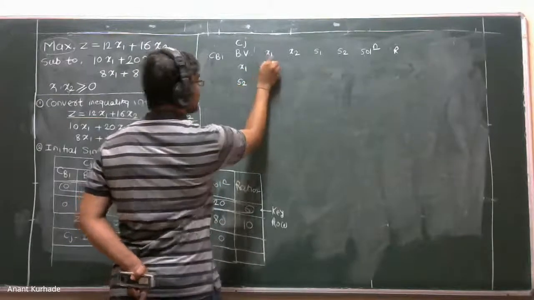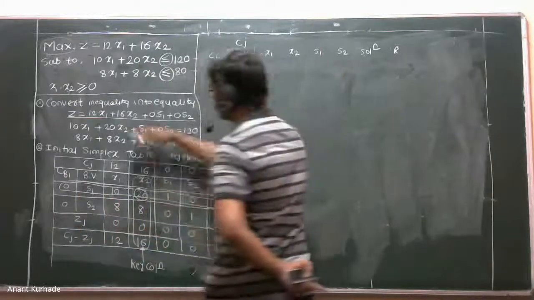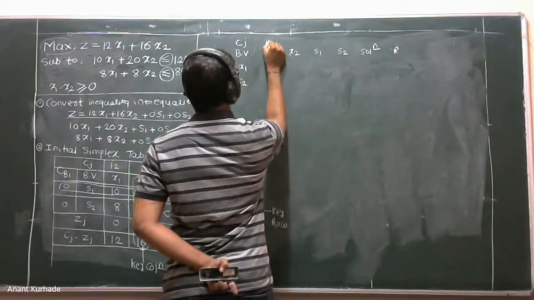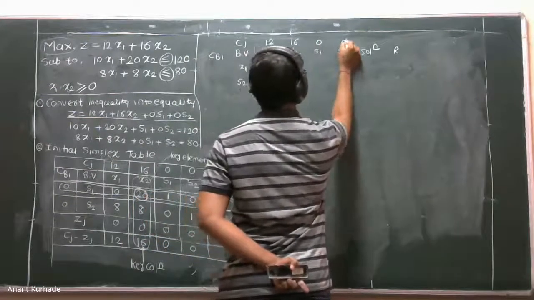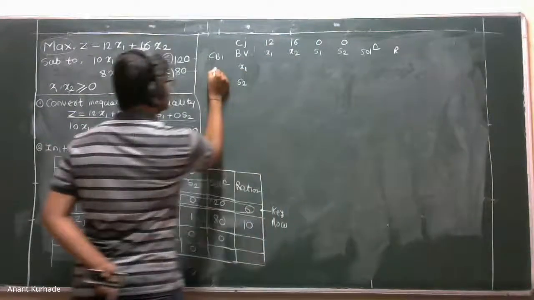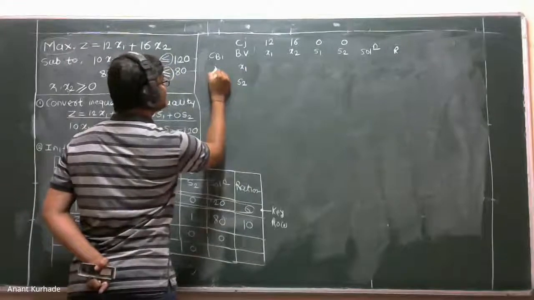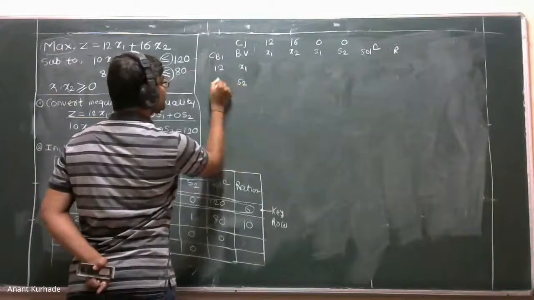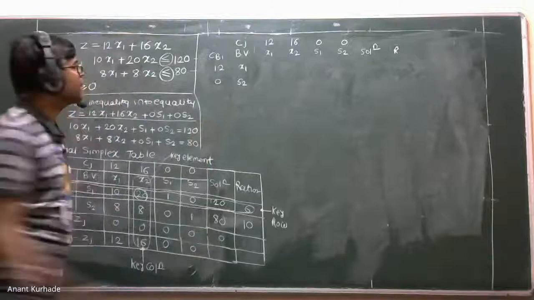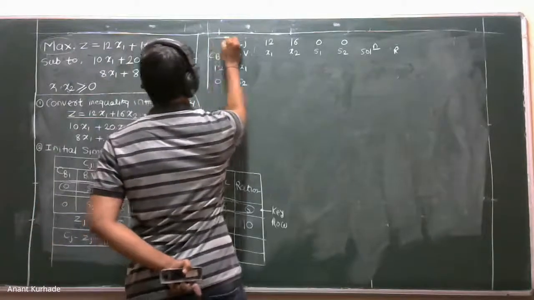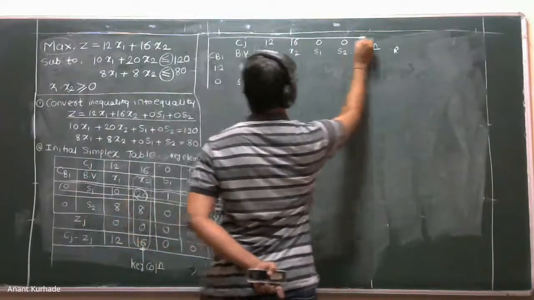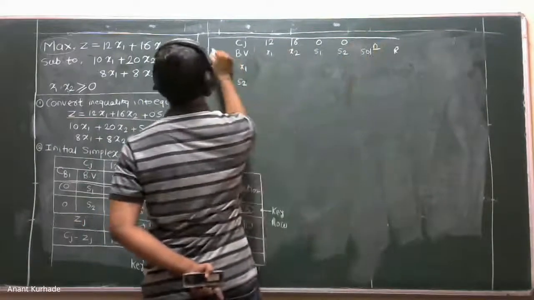Okay, so you can write here X1 and then write down here S2. Now exactly above this we have to write coefficients from objective function. So it is the same: 12, 16, 0, 0. And here write down coefficient of X1, it is 12, and coefficient of X2, it is 0. Now we can draw this table.